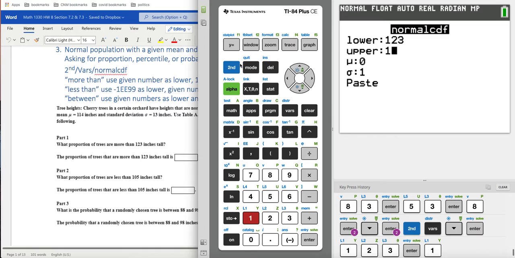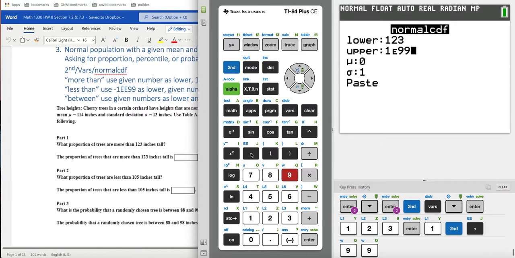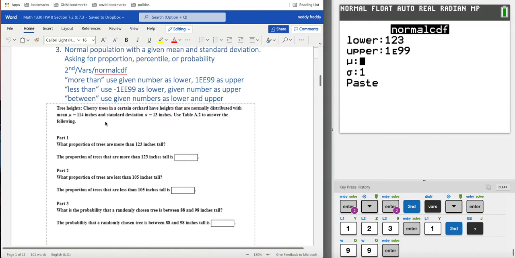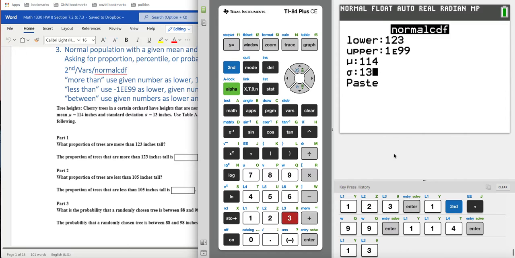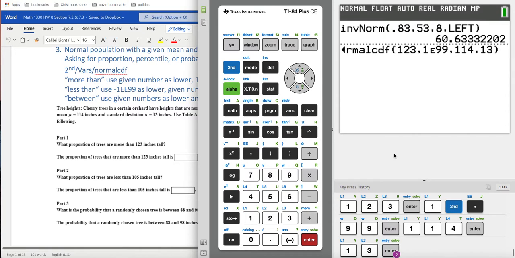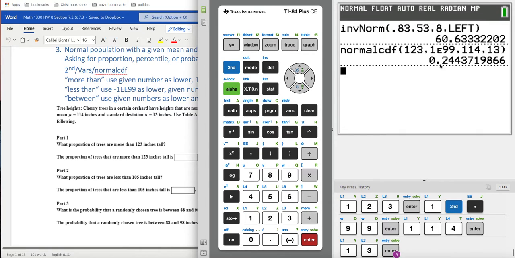So we're going to go back to using that 1E99. And then we've got the mean and standard deviation of the trees, 114 and 13, and enter, and this gives us our proportion.